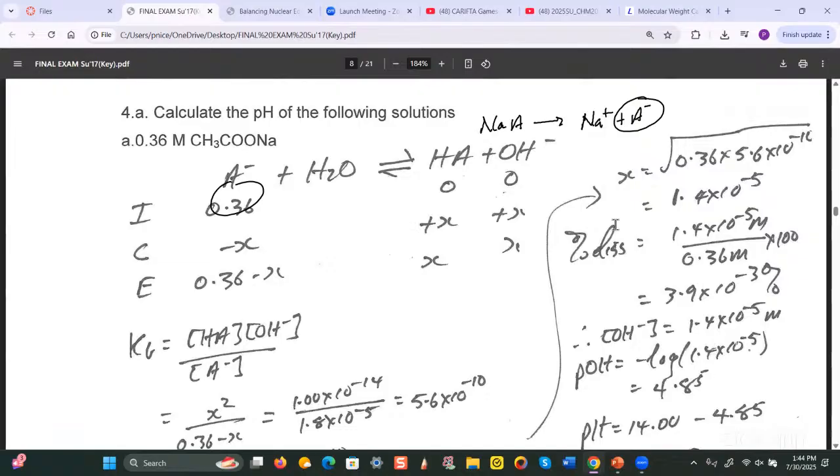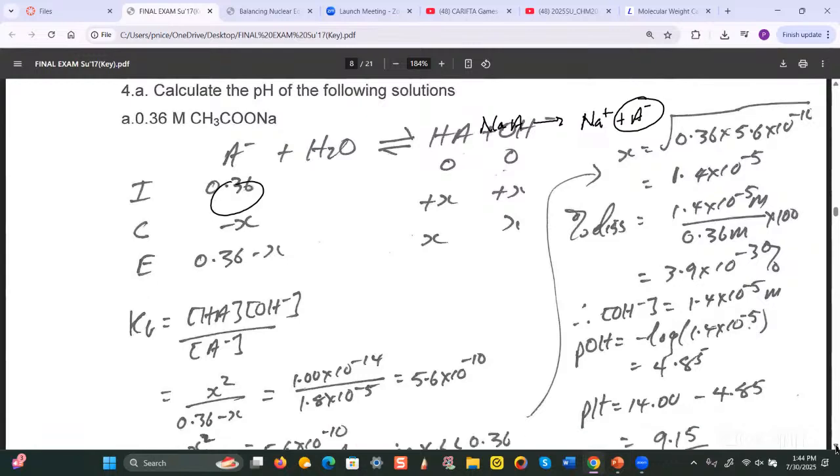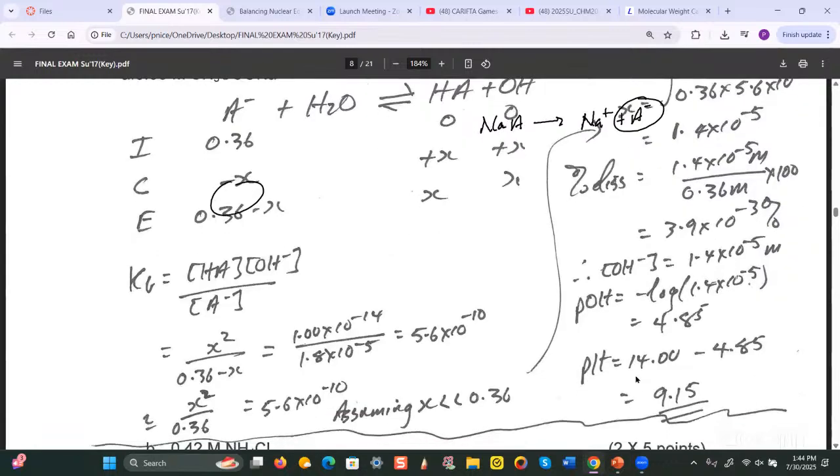So therefore, we can go ahead with x being equal to this, and x will be equal to the concentration of the base. So to find the pH, we find the pOH first. When I did that, I got 4.85, which is minus log of 1.4 times 10 to the minus 5. And then, of course, to find the pH, I subtract 4.85 from 14, and that gives you your pH, and that's it. All right, so that's basically how you do that.